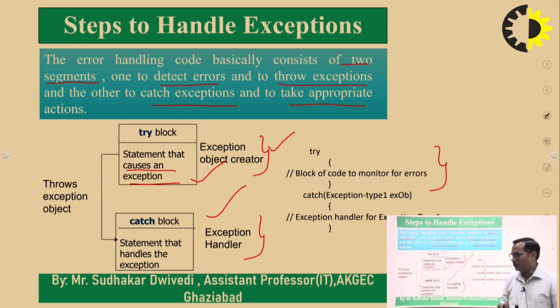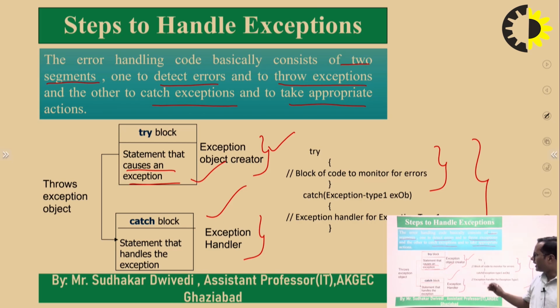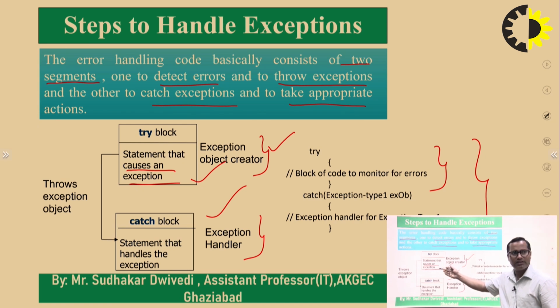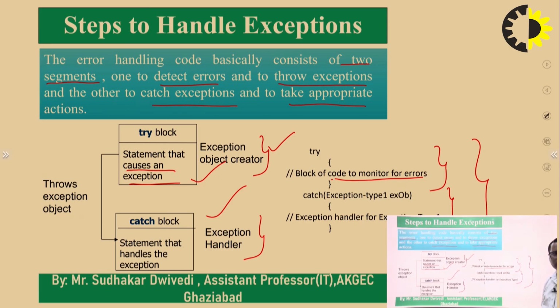This is the try and catch block code that we need to incorporate in our programs. In the try block, we write all the statements that may cause the exception, and the catch block then handles all these exceptional circumstances. The try block is for monitoring the errors, and the catch block is for handling the exception.